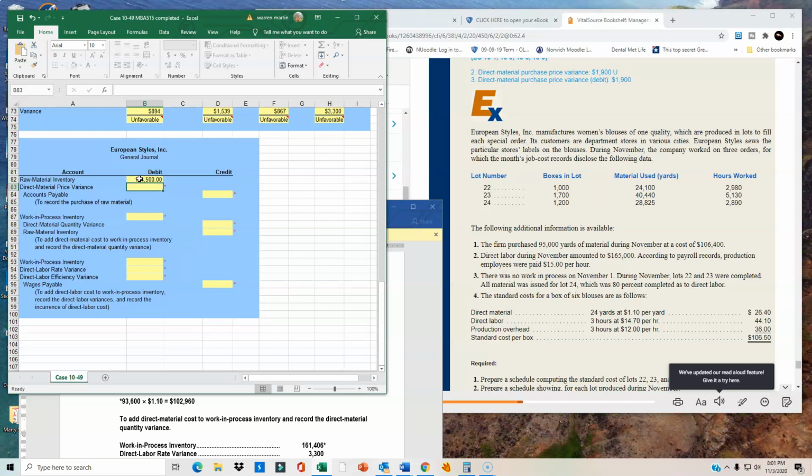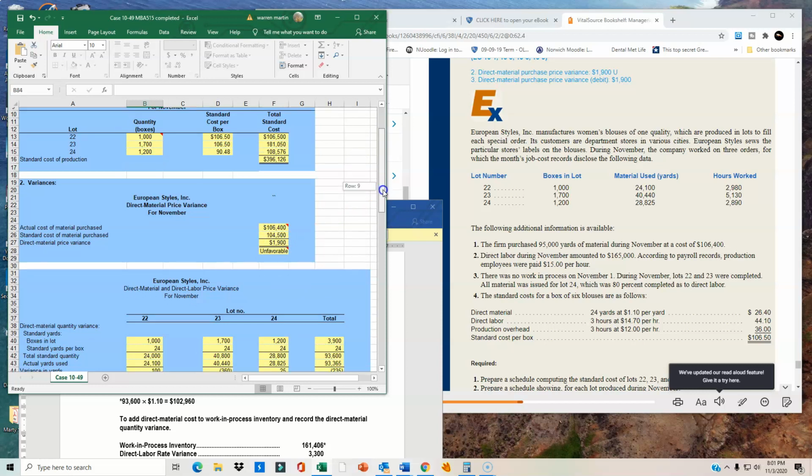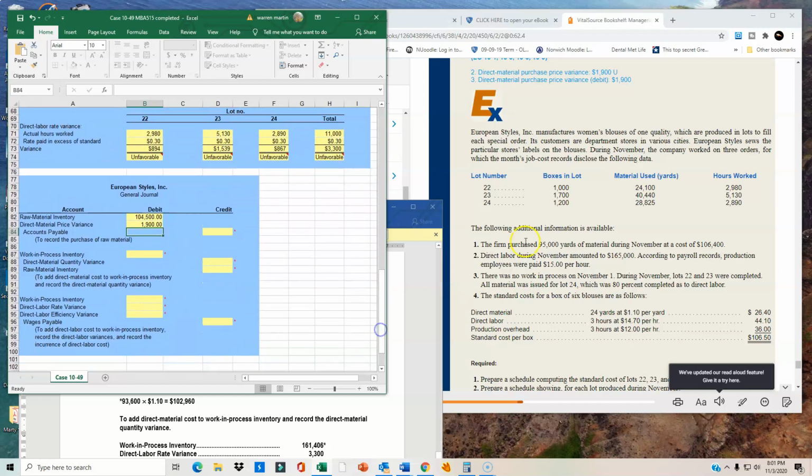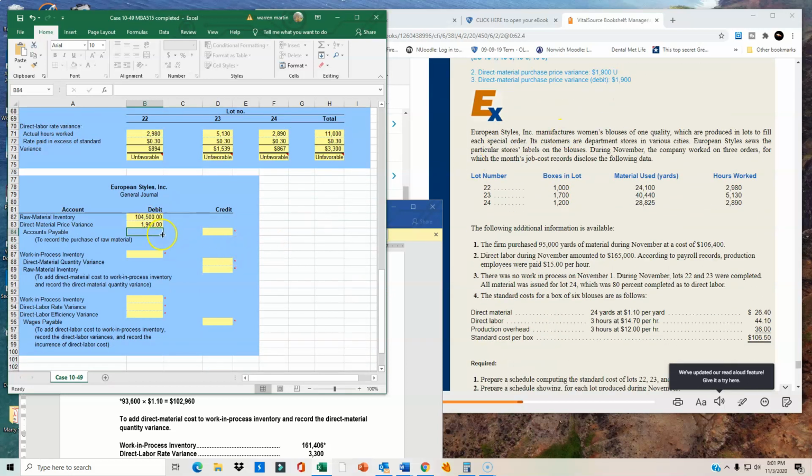And then the variance, and that variance is the difference between those two. So that's where that 1900 came from. It also tells you right up here at the top of the actual exercise, but that's the way we get it.